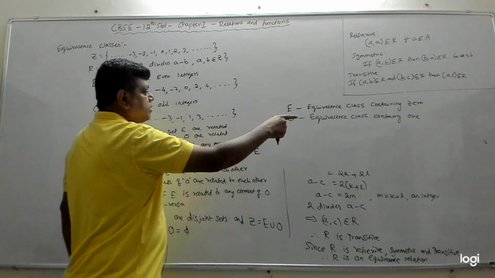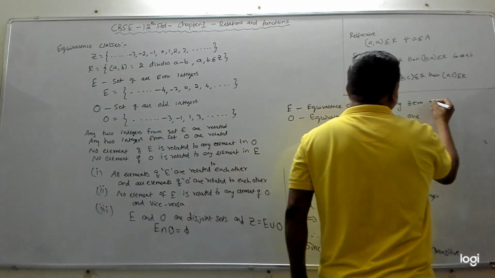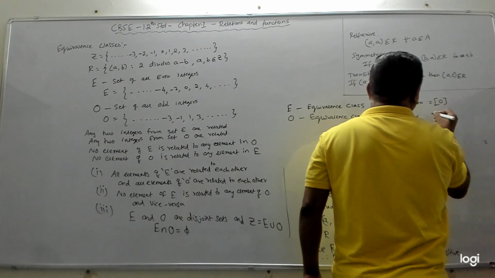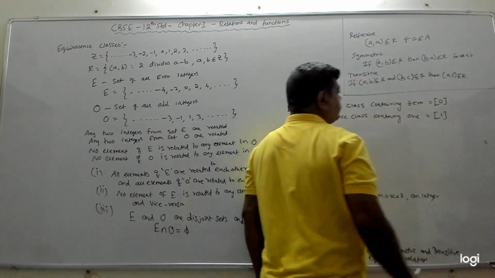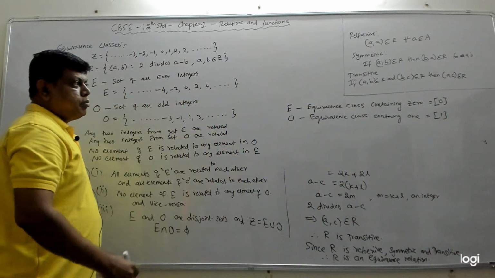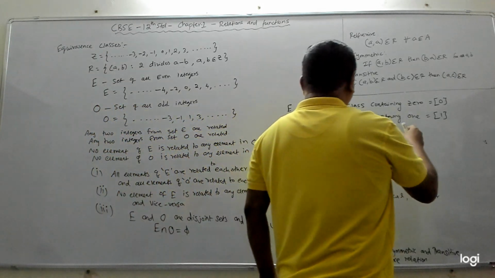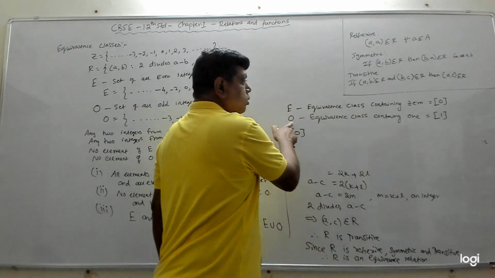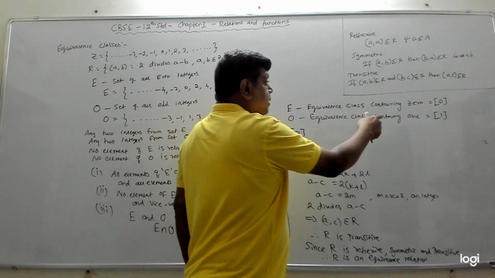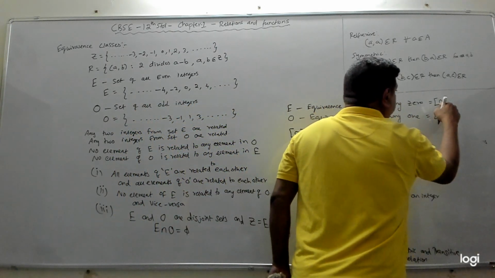That's why it's called an equivalence class containing 1, and this is generally denoted like this: O in square brackets, this is 1. So the meaning of this: if I say box and 0, don't get confused. This is set O, and this is element 0. So if I want, I can put 0, this is element 0.